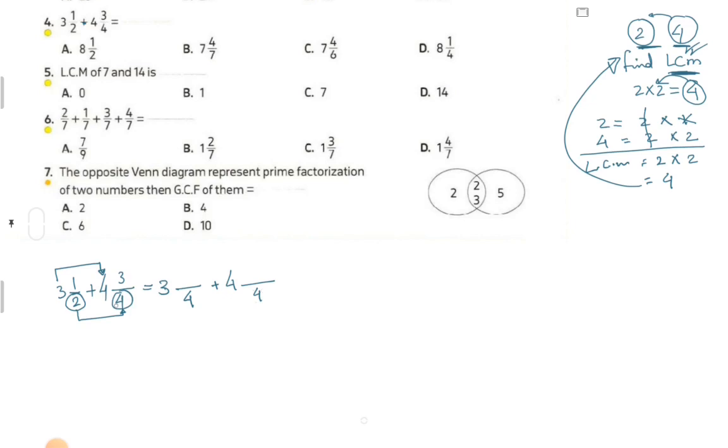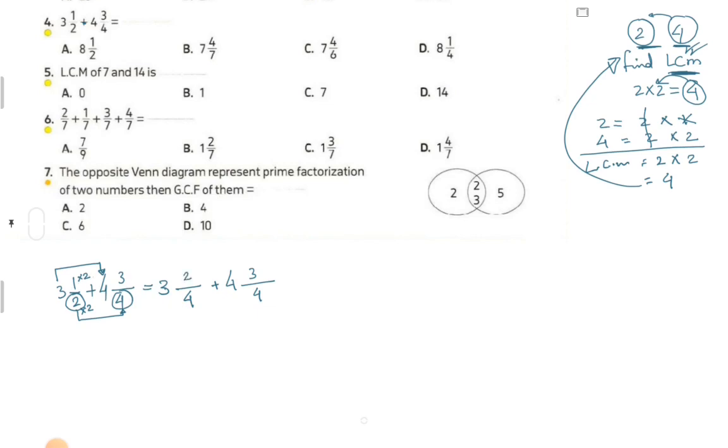Now for 4 there is no change in that fraction, so 3 is the same, but here 2 becomes 4. For 2 to become 4, I need to multiply it by 2, so multiply the numerator too. 2 times 2 equals 4 and 1 times 2 equals 2.